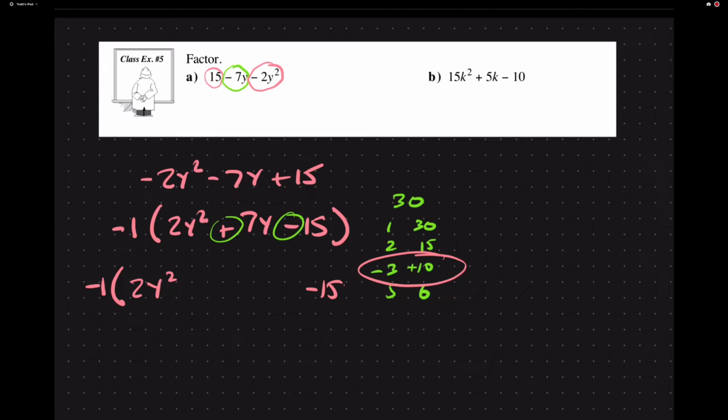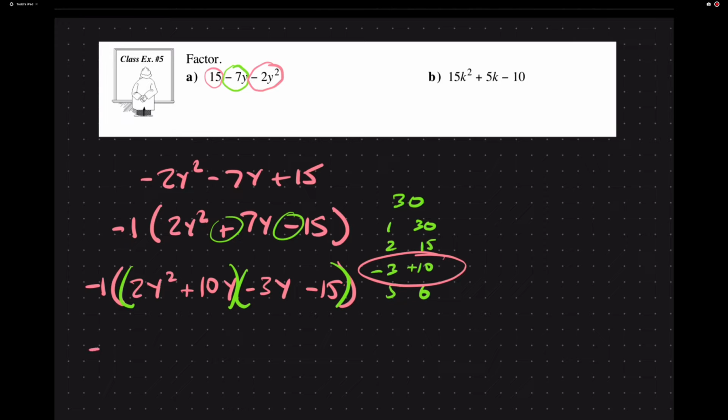Now I'll put the 10, which is positive 10y, with the 2, and I'll put the negative 3y with the 15. That's our broken down trinomial right here, which we're going to split up again, just like we did in previous examples.